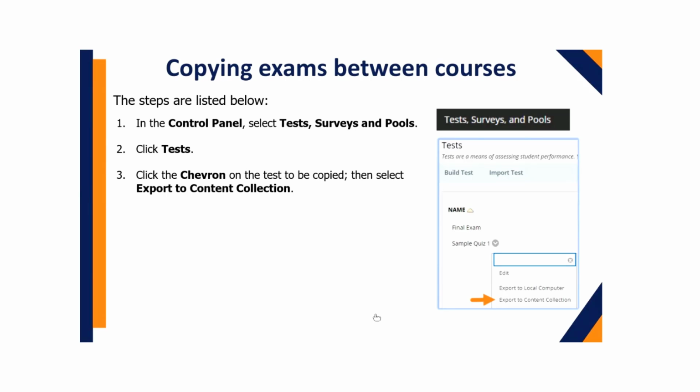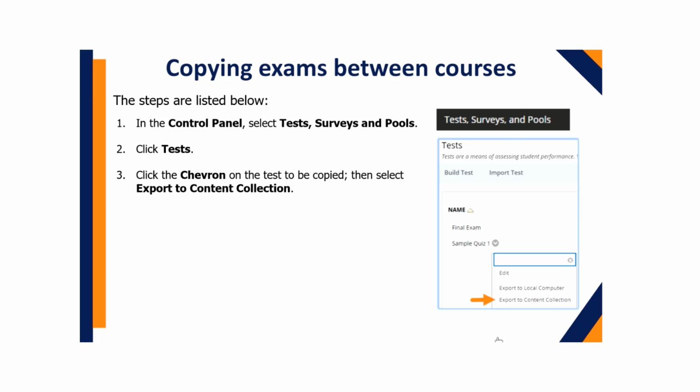If you wanted to copy an exam that you currently have, you could do that as well. You would go into tests, surveys and pools under the course tools. Then you would select tests. Where you see all of your tests listed, you would click the chevron and then export the test to the content collection.